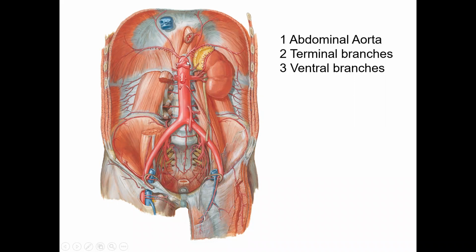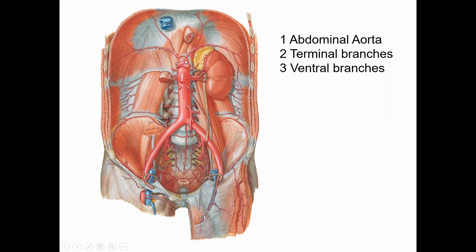Three ventral branches. The celiac trunk is for the foregut structures in the abdomen, the superior mesenteric artery is for the midgut structures, and the inferior mesenteric artery is for the hindgut structures.